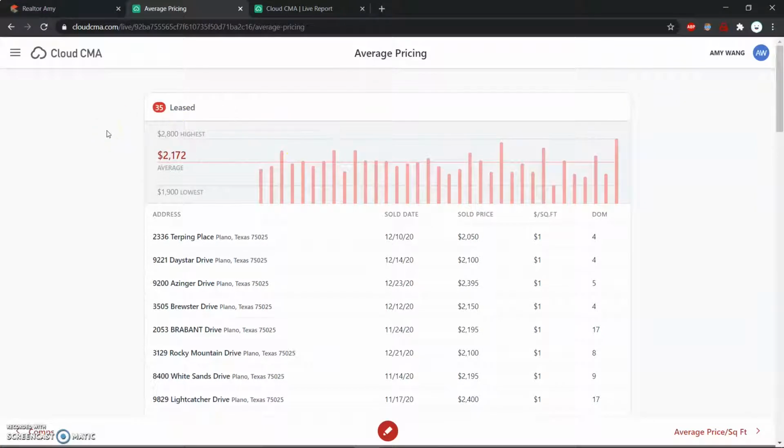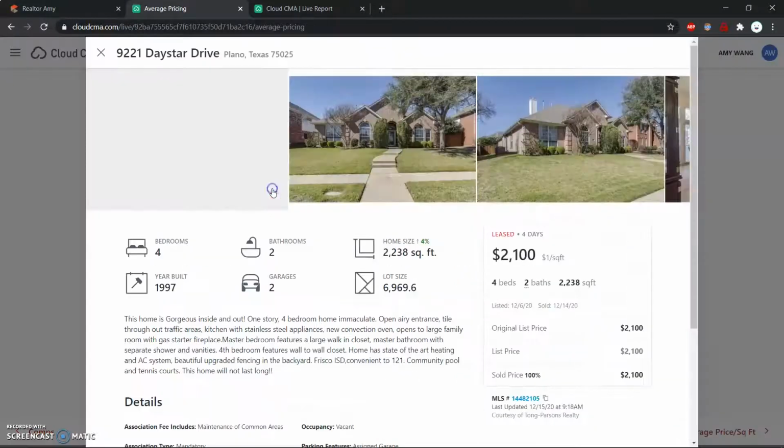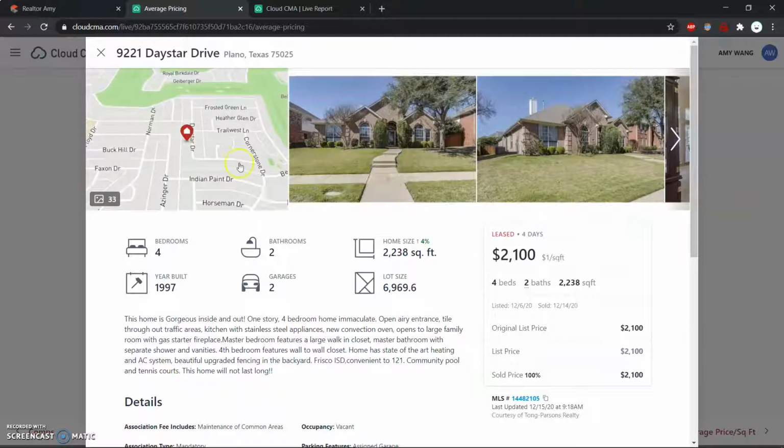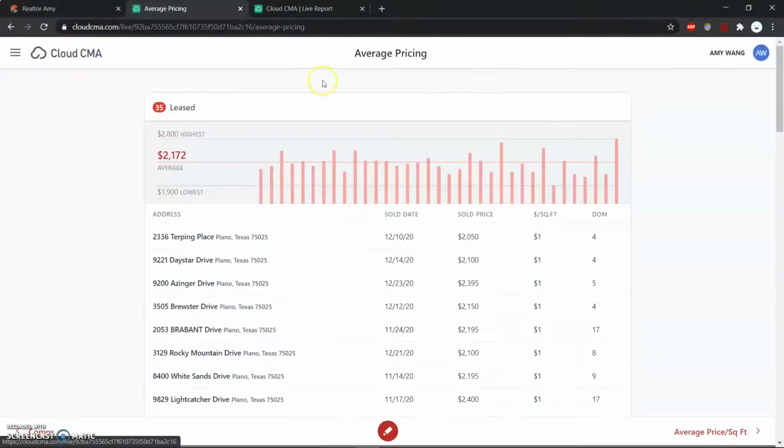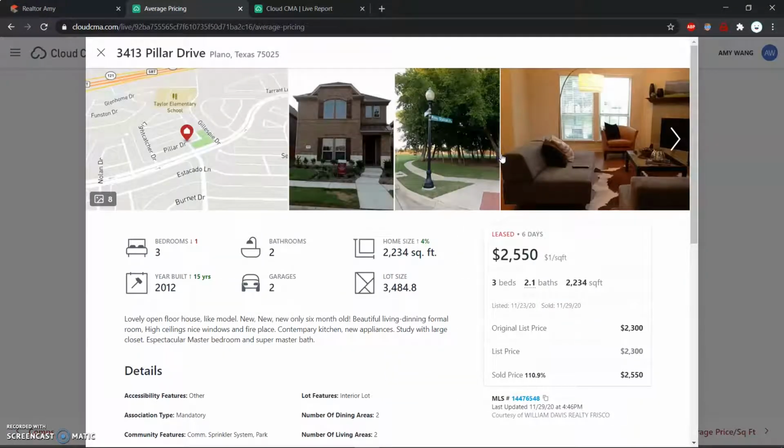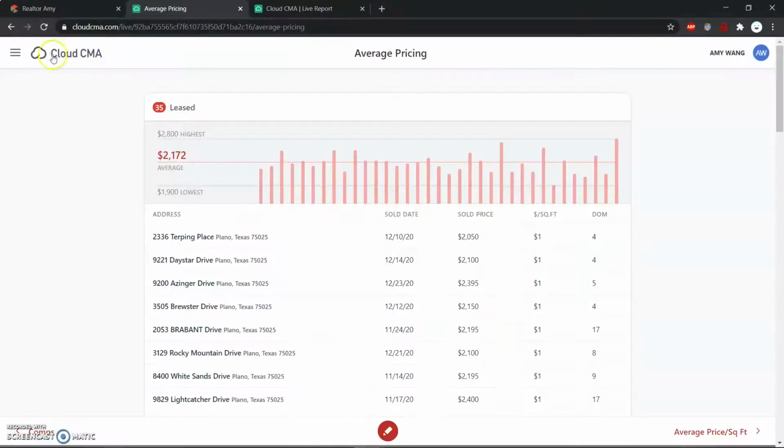They are categorized by different status: leased, pending, active, or expired. The pink line is the average price. You can click this bar, which represents each property, to see the details. Why is this so expensive? If I want my lease to be higher than others, you can see why this house is better than others.